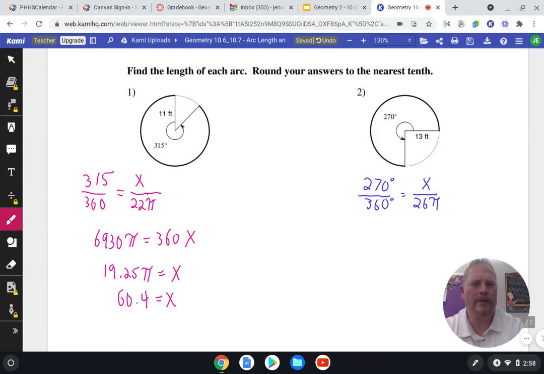Now, if you wanted to, sometimes it helps with calculation. If you don't like working with those big numbers, you can reduce the 270 over 360, which those both reduce by 90 and make 3/4. And doesn't that make sense? Because that arc looks like 3/4 of the circle.